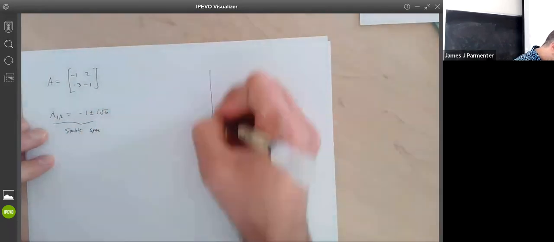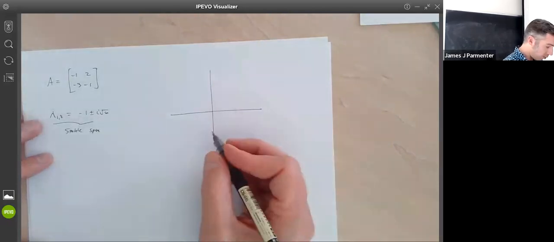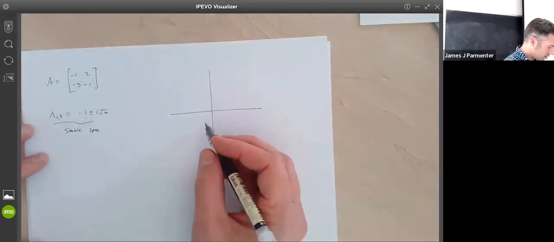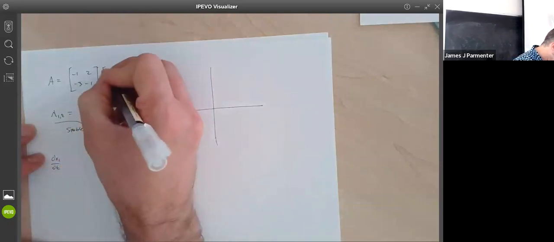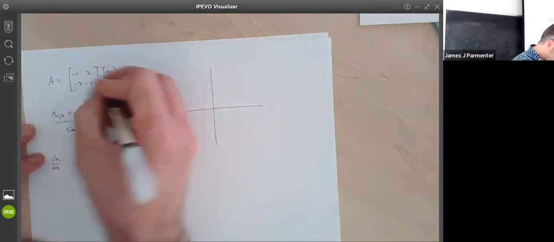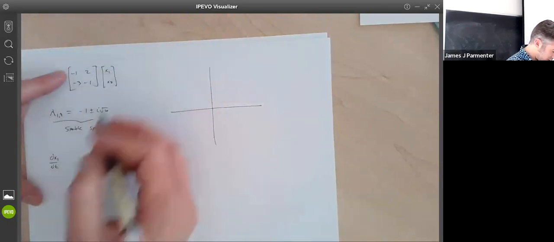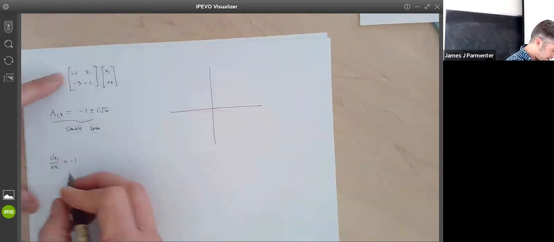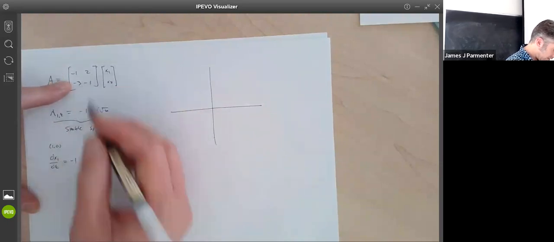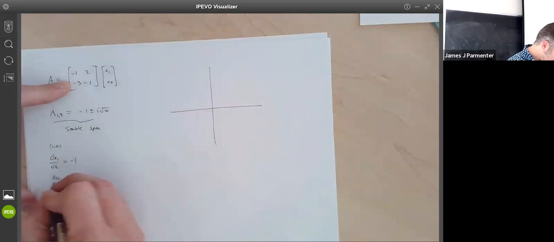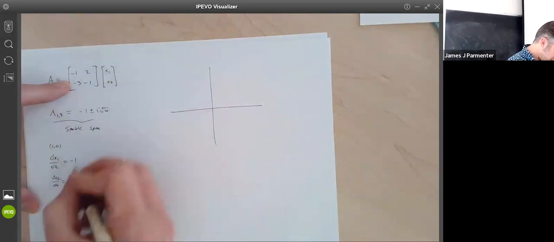And if we check out a couple points here, if I plug in (1, 0), dx1/dt, thinking about multiplying by x1 and x2, is going to be -1 plus 0, and dx2/dt is going to be -3.